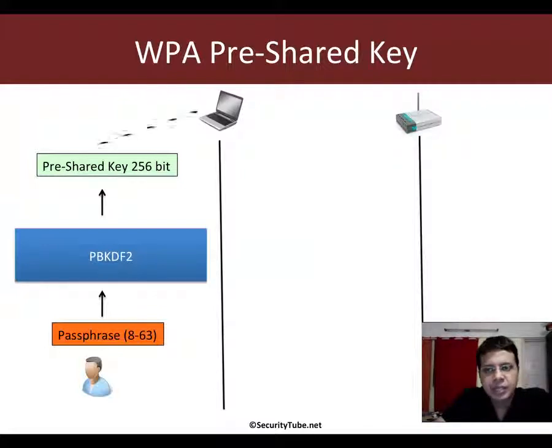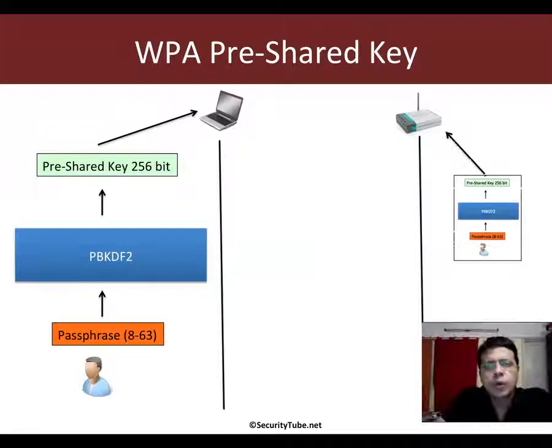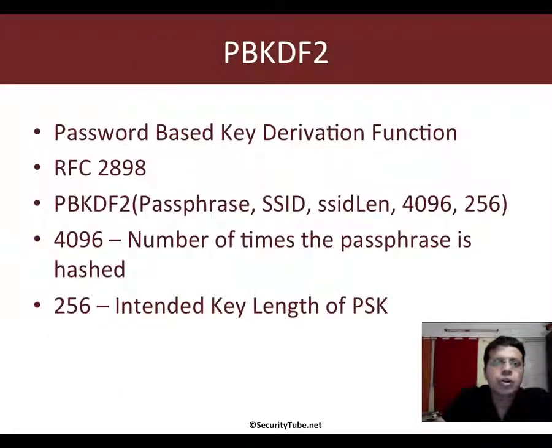At the very same time, you enter the same passphrase on the access point. This typically happens through the management interface, which could be a web-based interface. The access point goes through the exact same process to generate a 256-bit pre-shared key. So coming to the function, what is it all about?